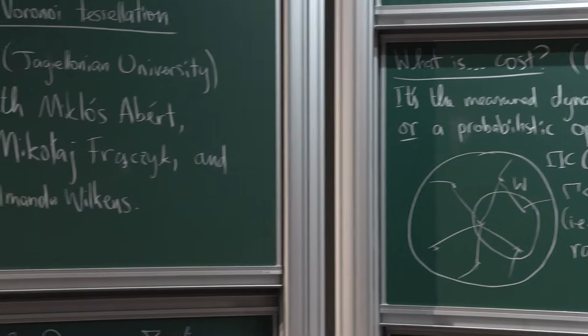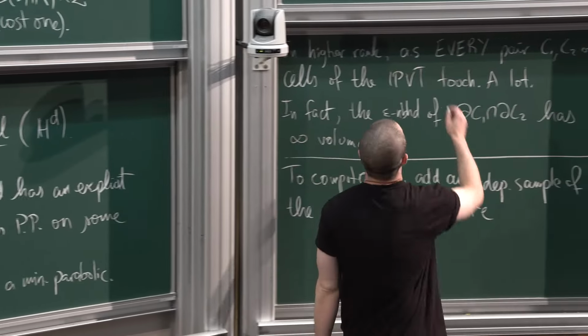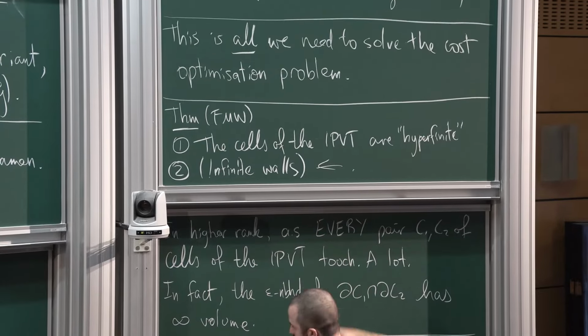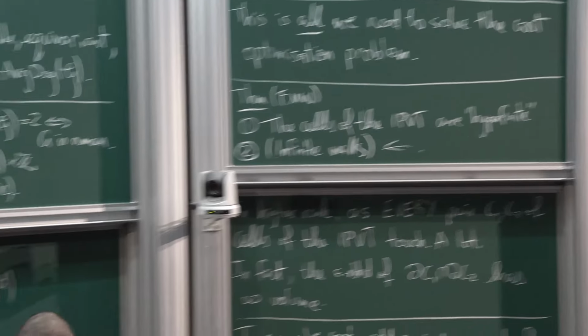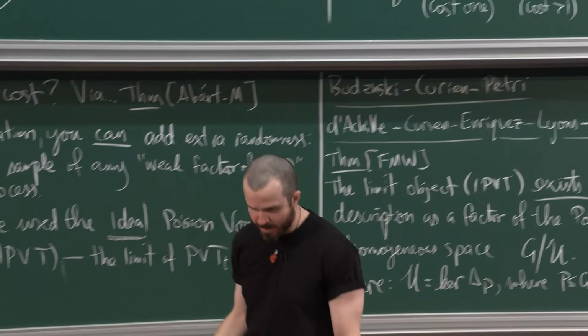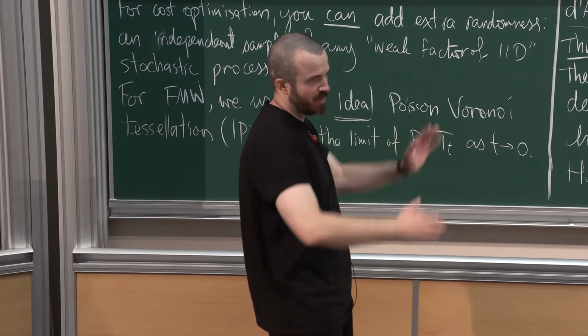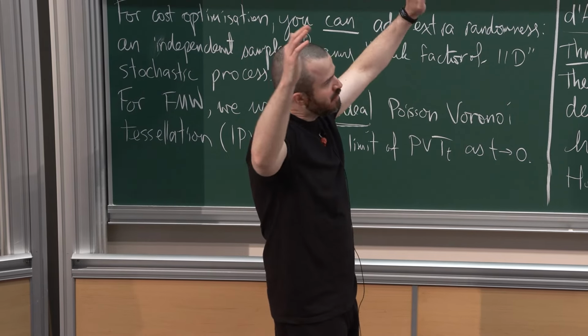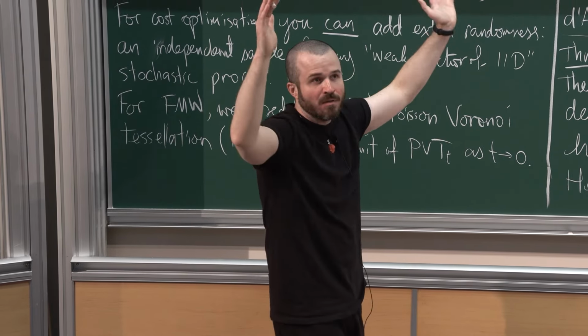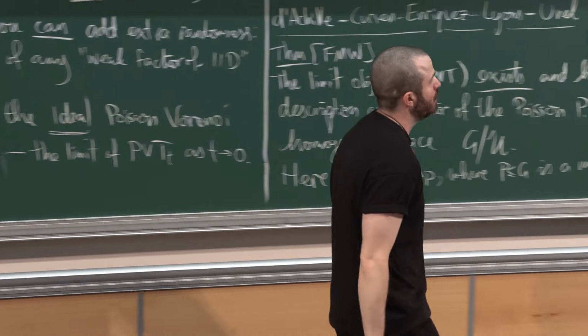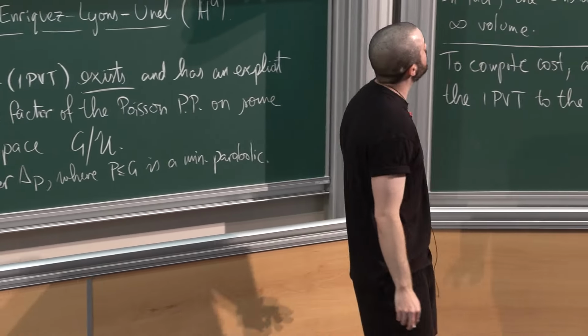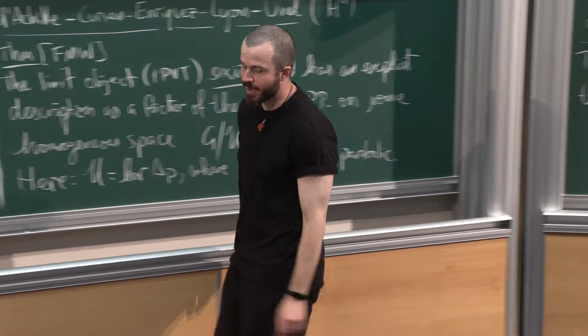And then the third picture, which is the most beautiful of all, it's not even close, is this infinite walls one. So this you'll probably hear about on Friday. It's a very, very nice proof by picture. It's like a magic incantation or something. You just draw the right diagram and you say the magic words, Mecke equation and Poincaré recurrence, and the whole proof is done. So I'm really looking forward to that.